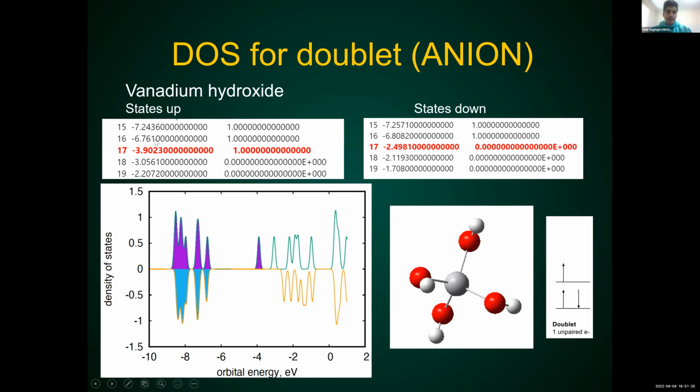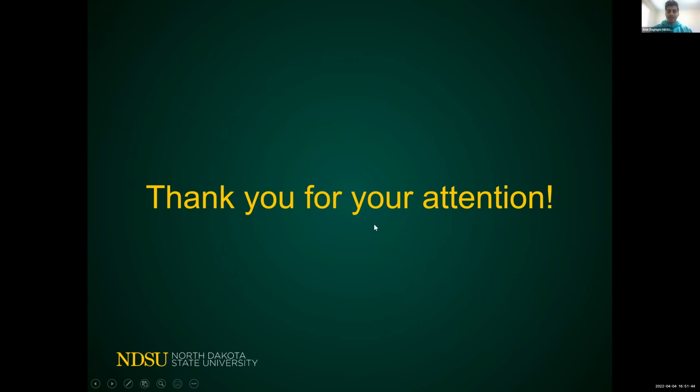So this is how the states up and down look like. Electron number 17 is 1 here, and in this one, the states down, electron number 17 is 0. And this is how the DOS for this anion looks like. If you have any questions, feel free to ask.